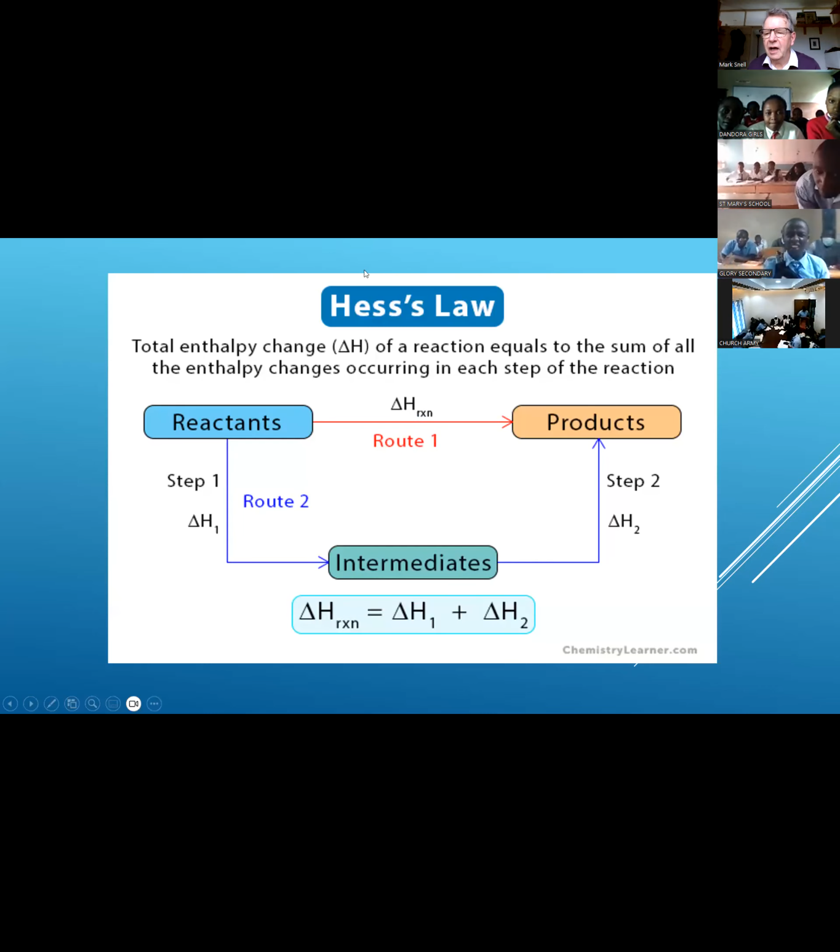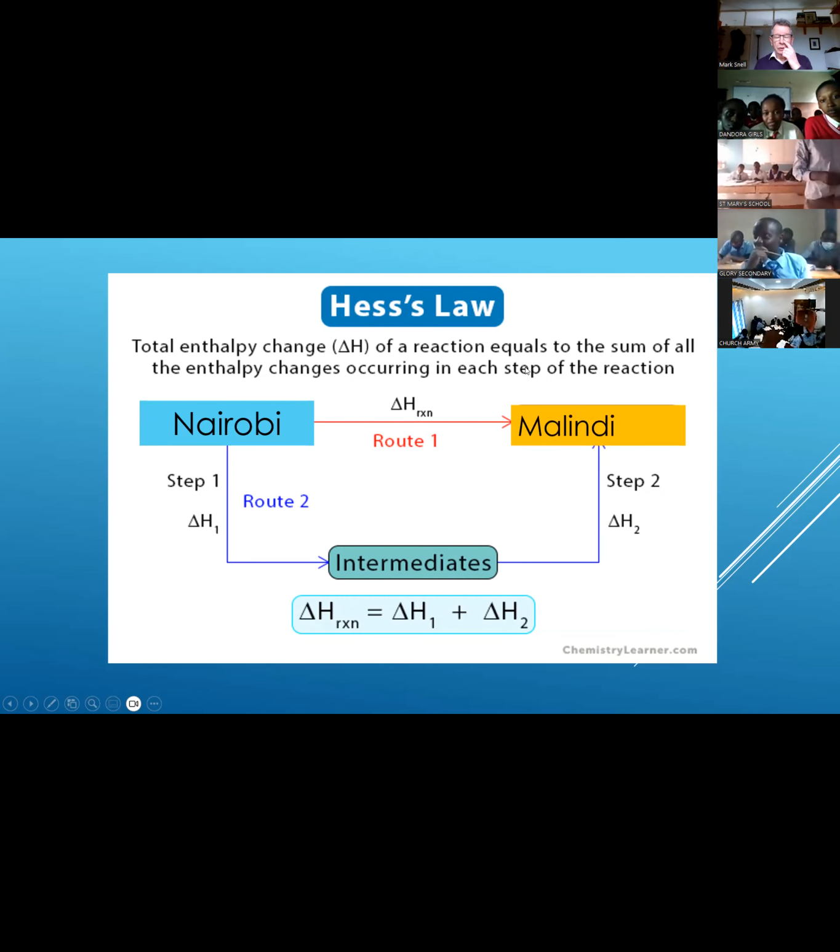We did it via a silly example of Nairobi going to Malindi, and Nairobi going to Mombasa and Malindi. The route 1 and route 2 round the bottom are the same totals, starting in one place and ending up in the same place, independent of the route.